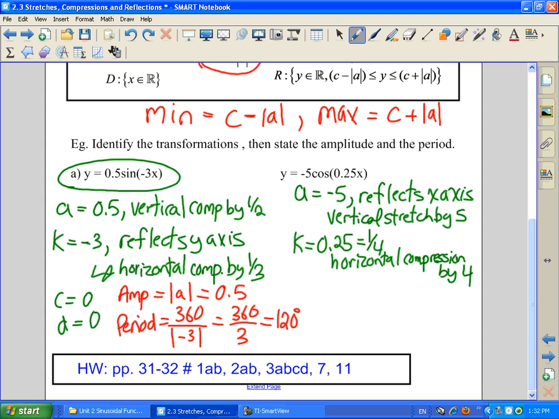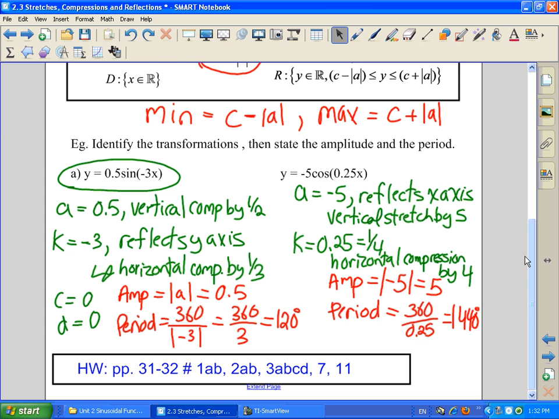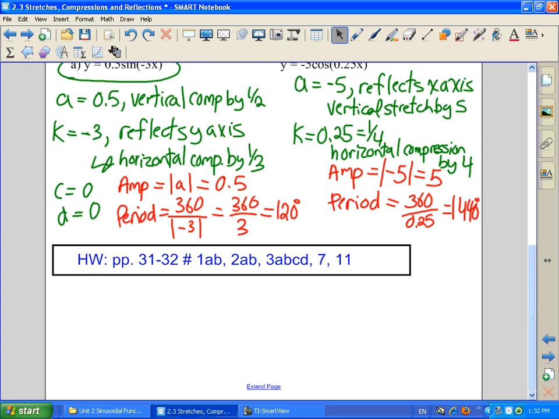In this case, when they ask for the amplitude, it equals the absolute value of A, so it equals 5. And your period, which is similar to what we did in our lesson, is 1,440 degrees.